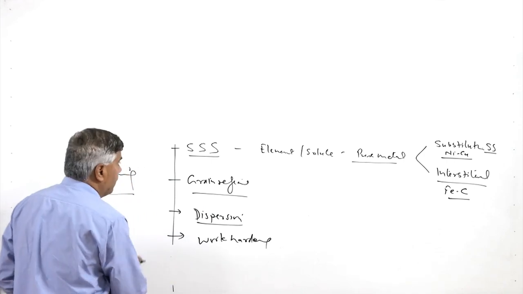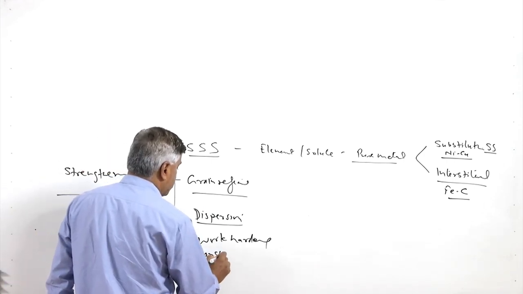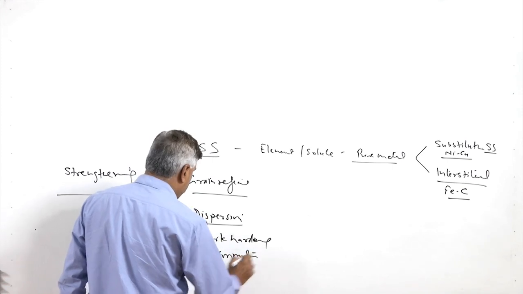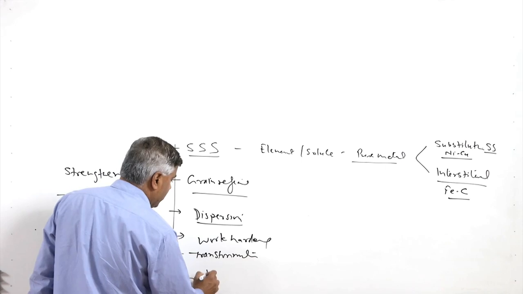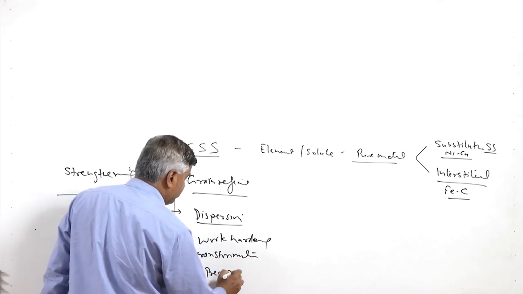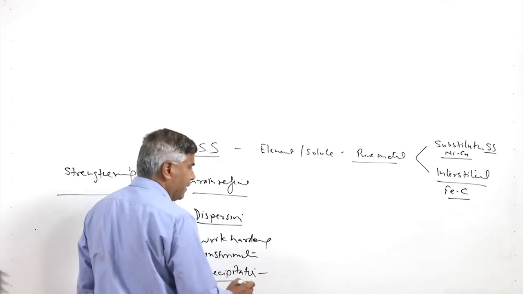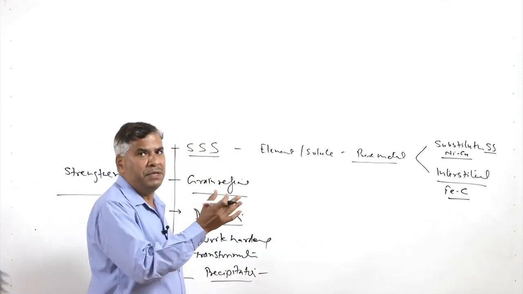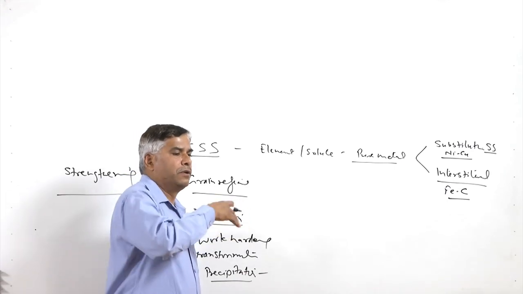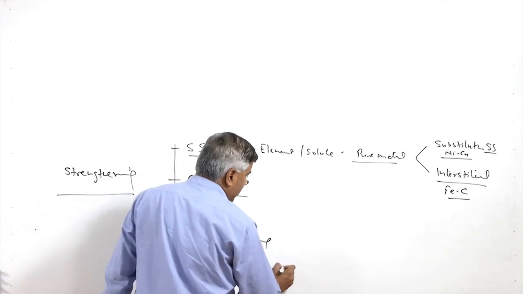And then apart from transformation hardening, there is one more type of hardening or strengthening process, which is called precipitation hardening. Precipitation hardening is used for certain kinds of systems which show an increase in solubility of the alloying element with an increase of temperature.